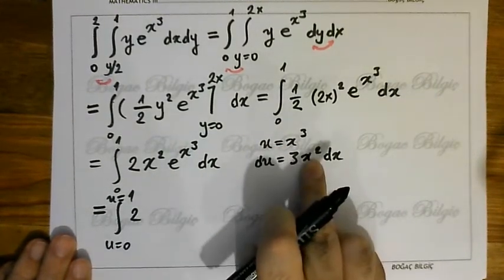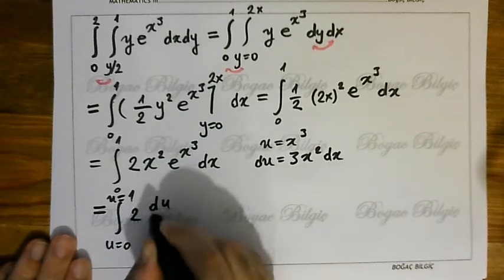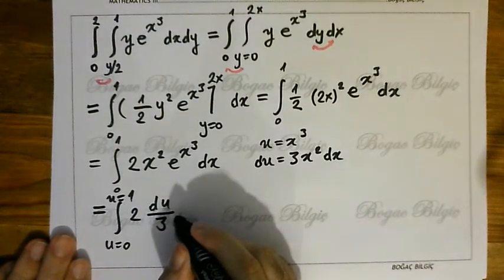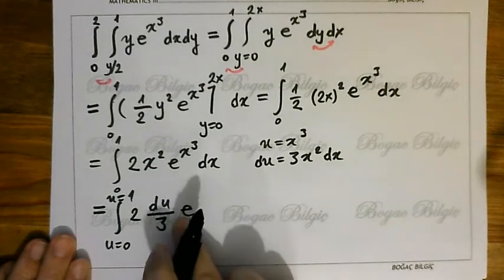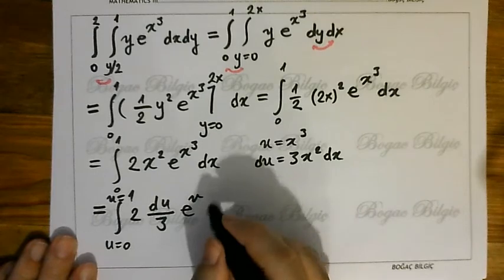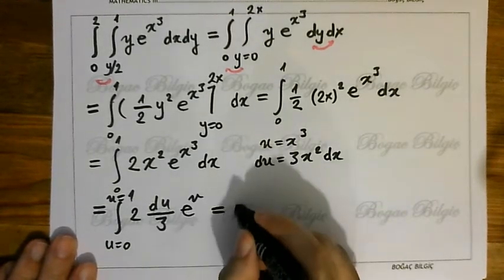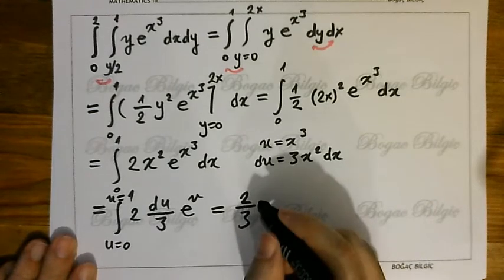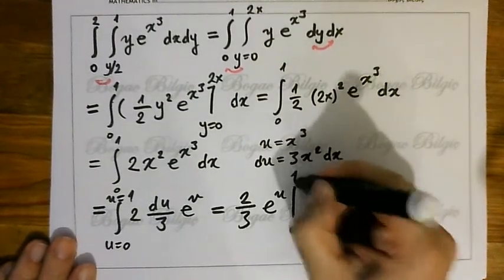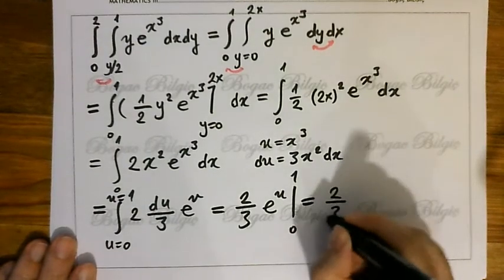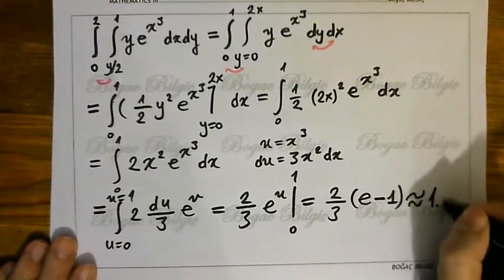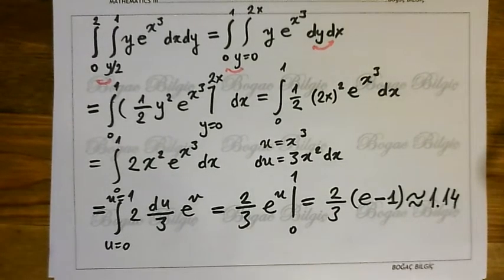So this is 2 du divided by 3 times e^u from 0 to 1, which is 2/3 (e minus 1), equal to 1.14. We calculate.